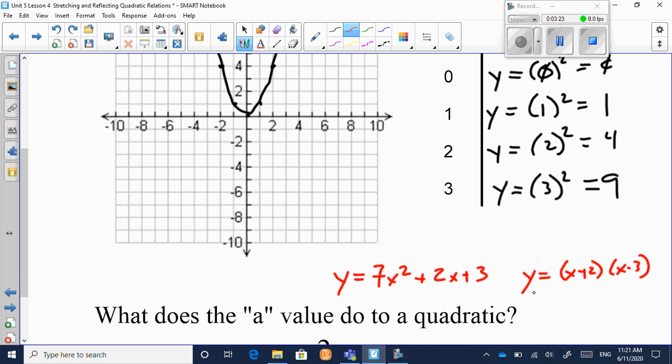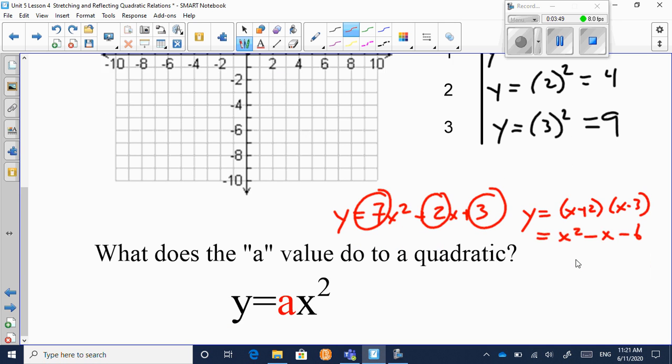Obviously the bread and butter one is just one of an infinite number of parabolas. So we're interested in what all these other numbers do. In this case, if I expand this one, it's x squared plus 2x minus 3x, so minus x minus 6. What do all those numbers do to the parabola?